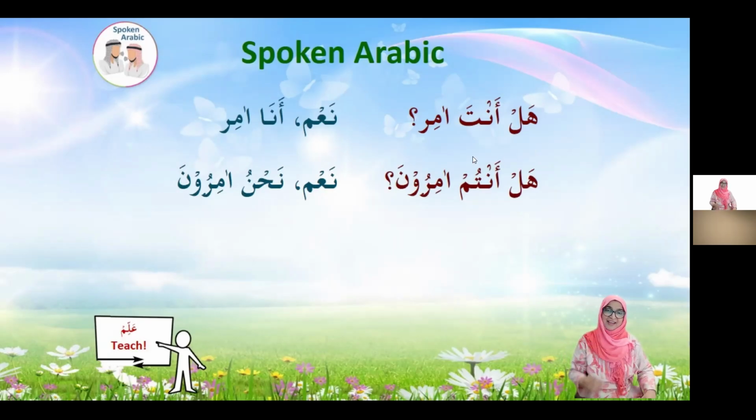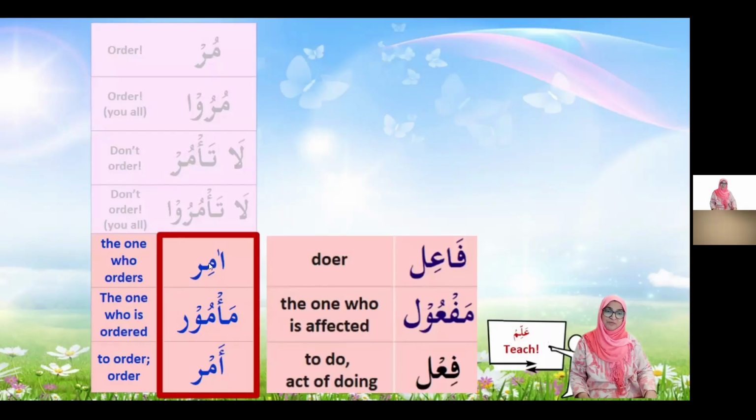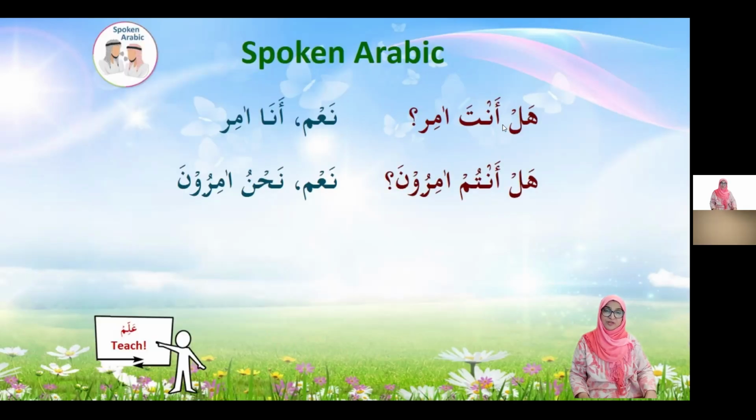Yes. Hal anta Amir. So what was the meaning of Amir? The one who ordered. So are you the one who ordered? He says, naam ana, I am the one who ordered.